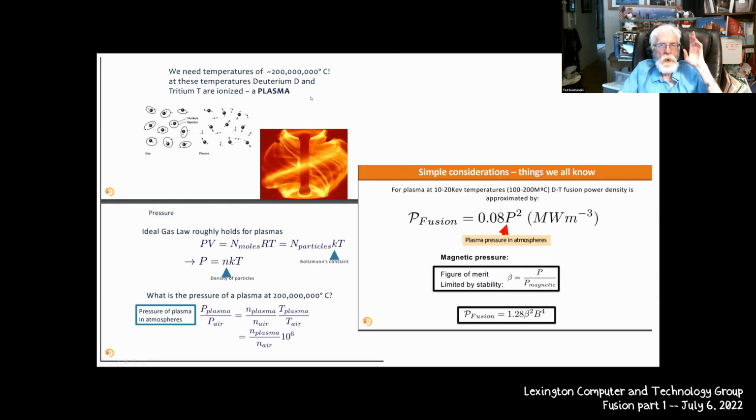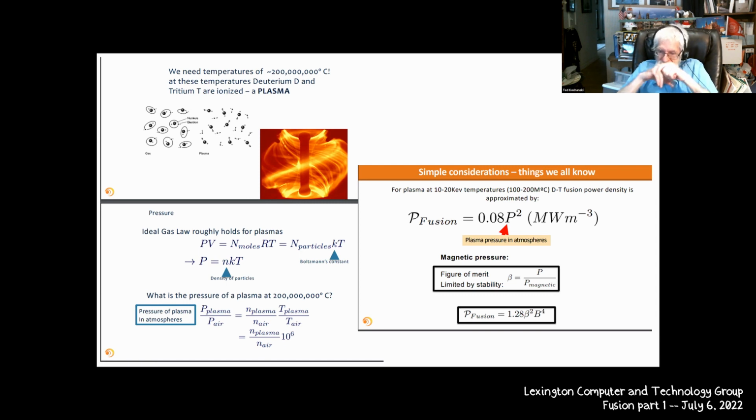So to make things work really well, you need this very high temperature plasma. The plasma is both a good and a bad. The good is that everything is charged particles, so you can act on it with a magnetic field. The bad is that somebody described plasma confinement as trying to pick up jello with several rubber bands wrapped around it.